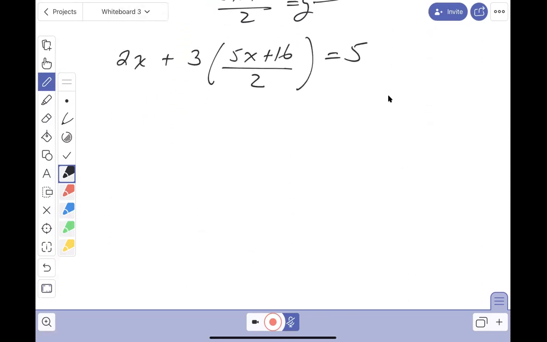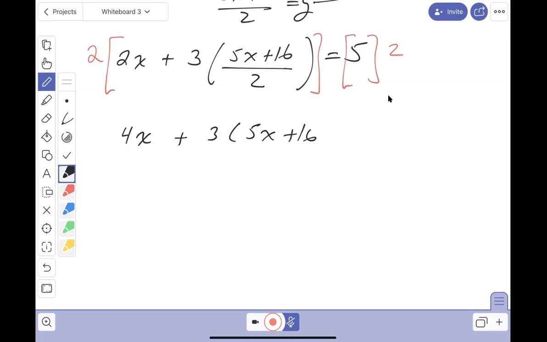And what I'm going to do, which might seem strange to you, I'm going to multiply both sides by 2. So why are you doing that? To get rid of the denominator or the fraction of the problem. What do you get? 4x plus 3 times 5x plus 16. Again, the 2 canceled, equals 10. 4x plus 15x plus, well, 3 times 16 is going to be 48, equals 10.